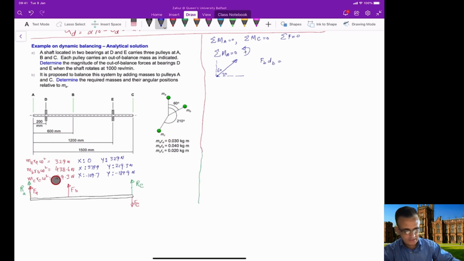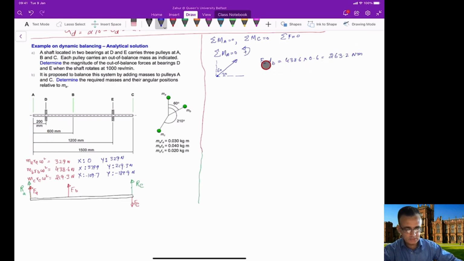FB in this case is this force here, which is 438.6. We will multiply this with the distance from A, which in this case is 600 millimeter, or 0.6 meter. This will provide you with 263.2 Newton meter.